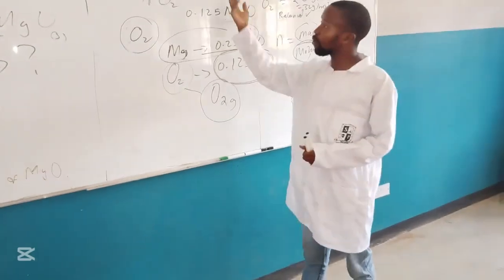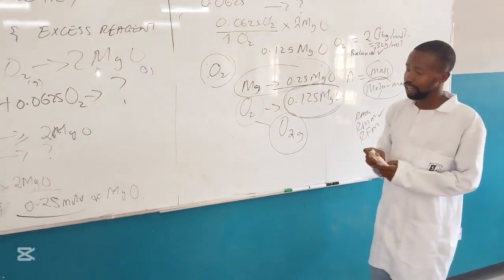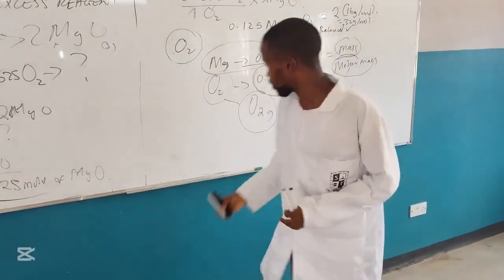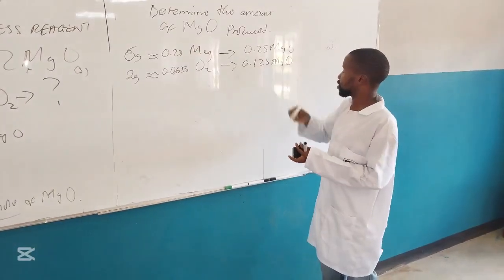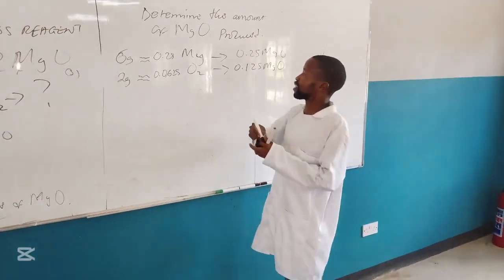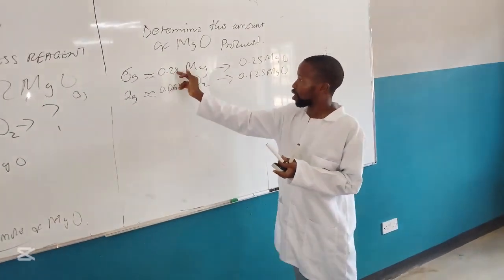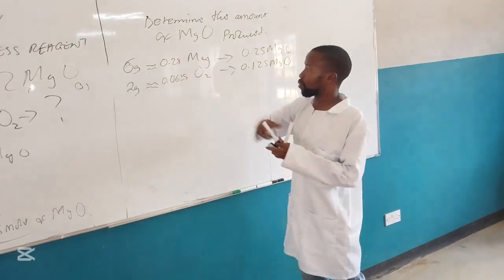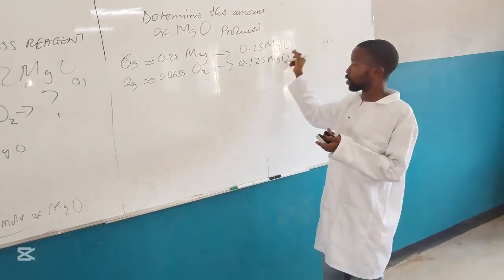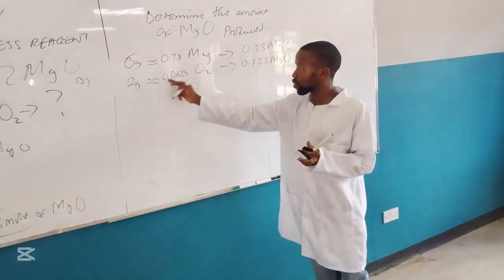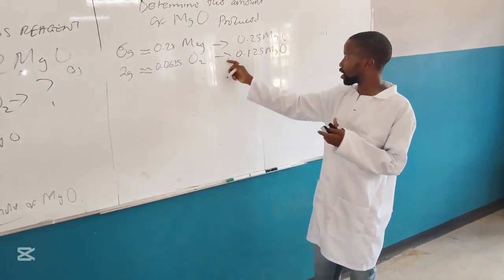Now let's go to the second question, which is to determine the amount of magnesium oxide produced. The 6 grams, equivalent to 0.25 moles of magnesium, has produced this one, and the 2 grams, which is 0.0625 moles of oxygen, has produced this.